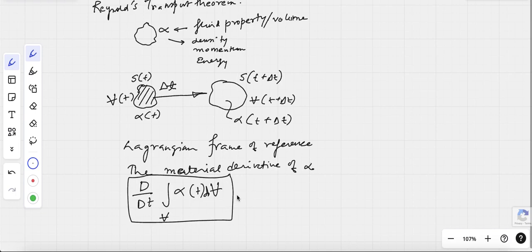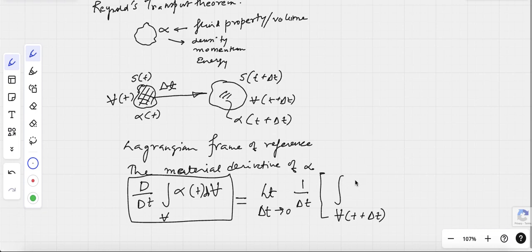using the limit definition, we can write it as limit delta t tends to 0, 1 upon delta t, the change between these two, this and this.